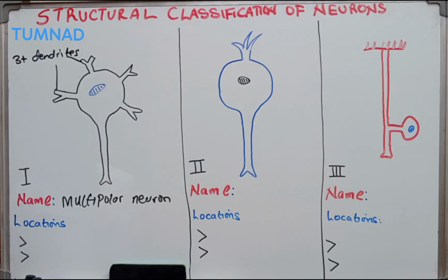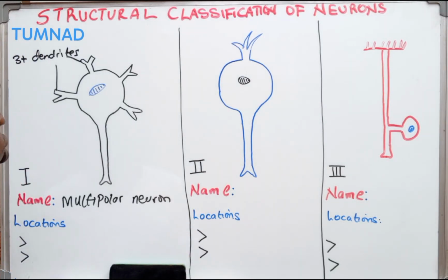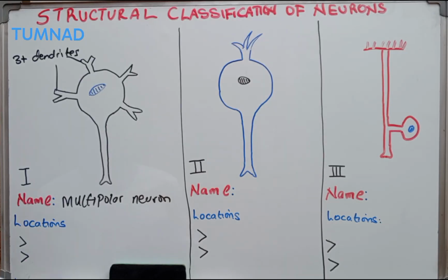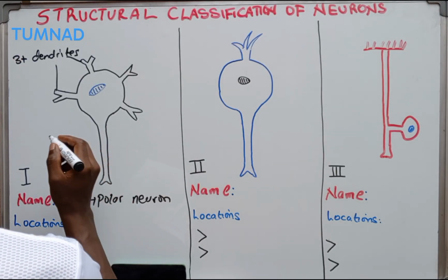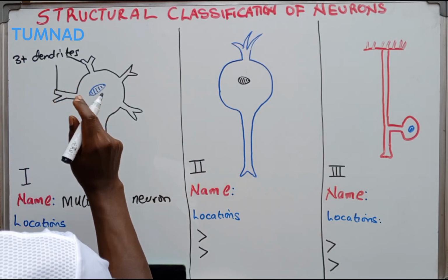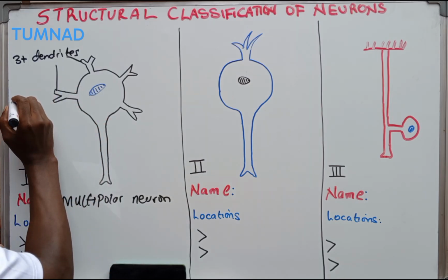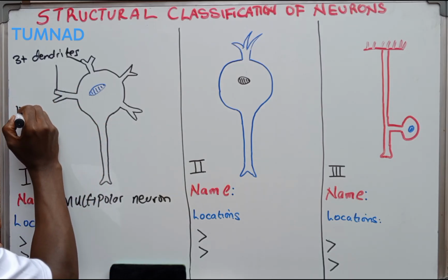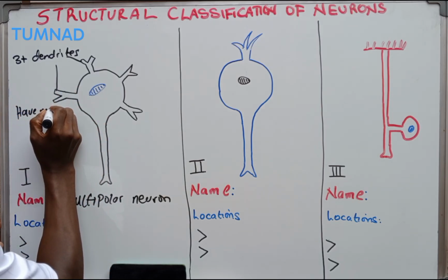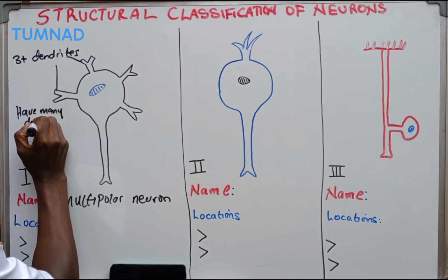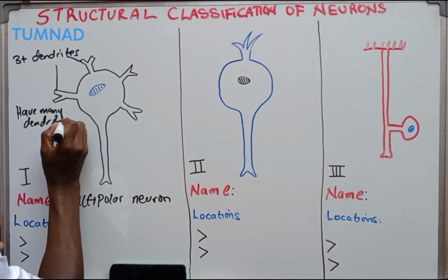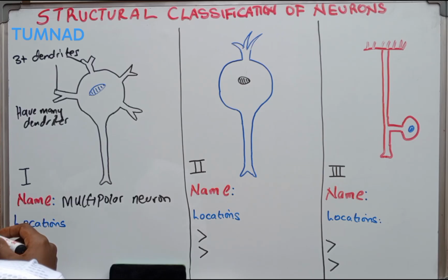And the multipolar neuron constitutes the bigger percentage of the neurons in the central nervous system. By characteristic, the multipolar neuron has many dendrites. We have said 3 plus dendrites.